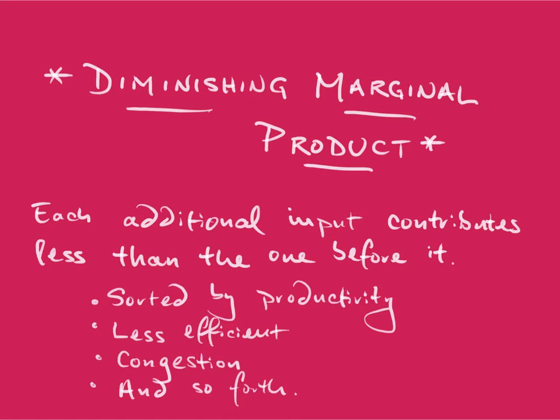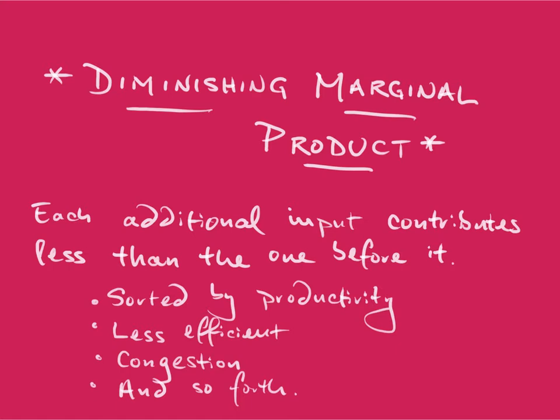Then, if I, as an employer, am deciding which workers to hire, the first person I will employ is the most productive one, the person who produces 100. So, first worker produces 100 units of output. Then if I need to add a second worker, I go to the next most productive worker. That person produces 90. Then the third most productive worker, who adds 80 units of output, and so forth.